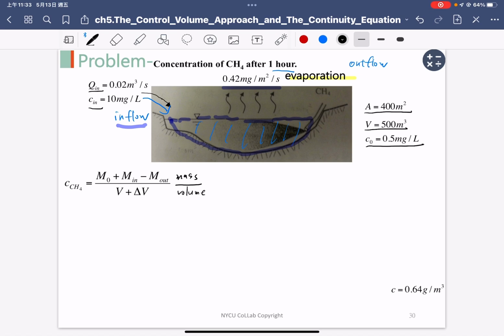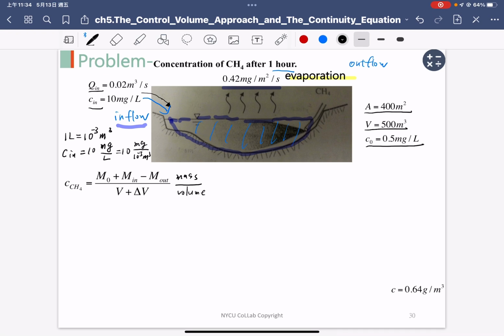Based on this, we know that 1 liter will equal 10 to the minus 3 power cubic meter. And the concentration for the inflow, maybe C_in, is 10 mg divided by L, which equals 10 mg divided by 10 to the minus 3 power cubic meter.